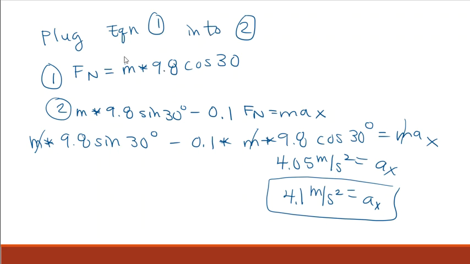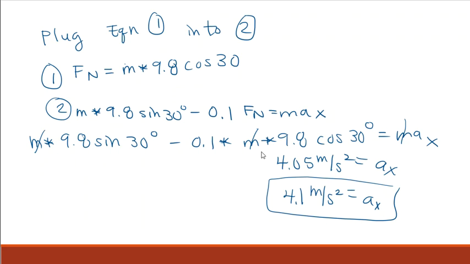So we're going to plug this normal force into equation 2 here. So that's mass times acceleration of gravity times sine of 30 degrees minus 0.1 times normal force, which we get from equation 1, mass times acceleration of gravity times cosine 30 degrees, equals mass times acceleration of the skier down the incline.